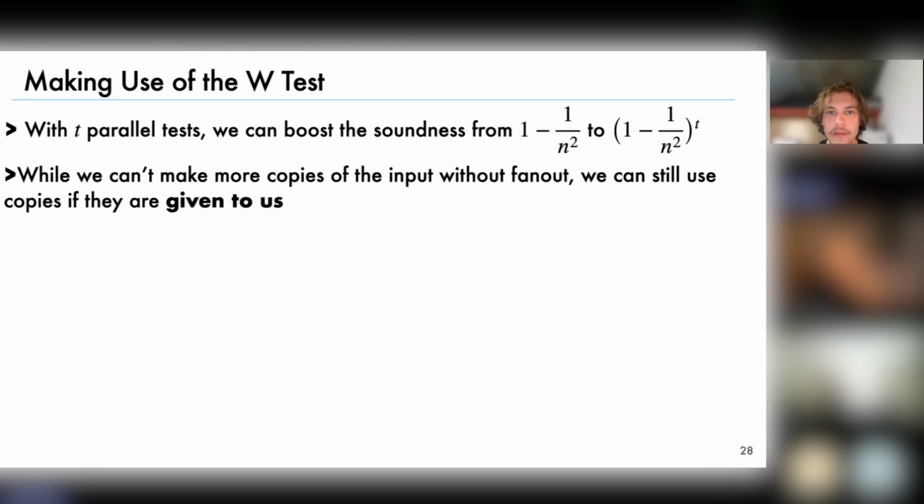Because we need to do this step of the circuit where we entangle X with the W state, with these CZ gates. And so without many copies of X, we can't do this. And without fan out, we can't make many copies of X. But what we can do is make use of copies that are given to us.